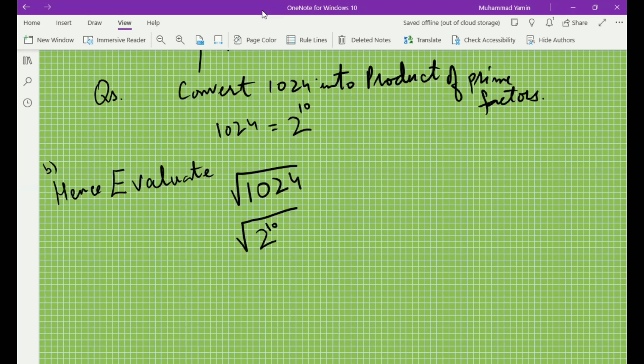And in this way, we'll get rid of the square root sign. See, I have divided the power by 2 and I have removed this square root sign. So the final answer will be 2 to the power 5, or we can write it as 32.